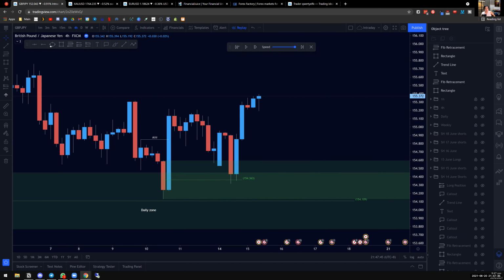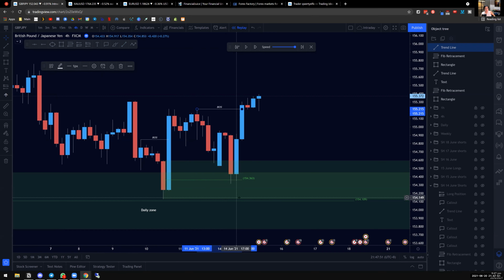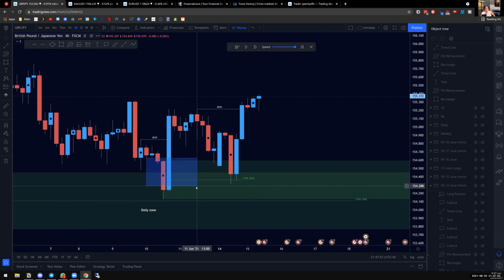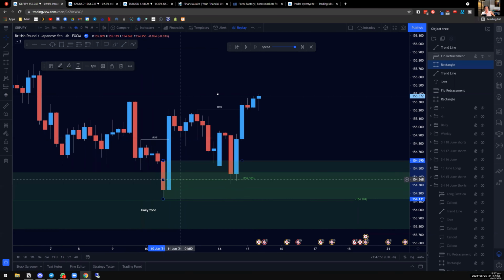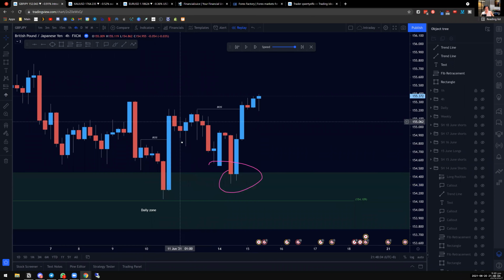So in this case, we see that price broke this structure on the 4-hour, right? So again, this zone is not valid anymore because it already tapped into the 50. So then I will delete this, and who wants to identify the zone? This is quite easy, I think, because it's a 4-hour, a very big candle.